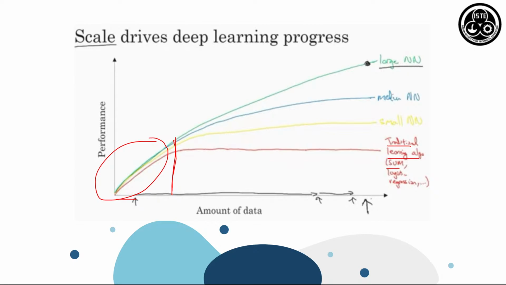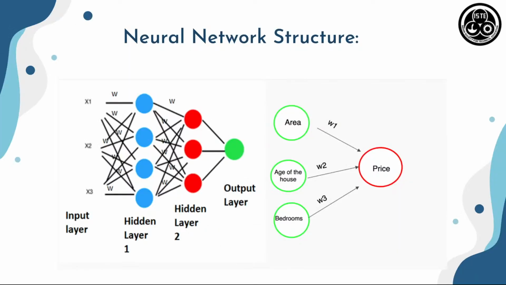And this is the neural network structure. As I told you earlier in the beginning of the session, we have an input layer, hidden layer 1, hidden layer 2, and an output layer. The input layer consists of these features x1, x2, x3, and different weights, and these weights are connected to these nodes.